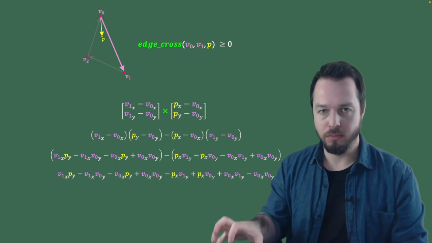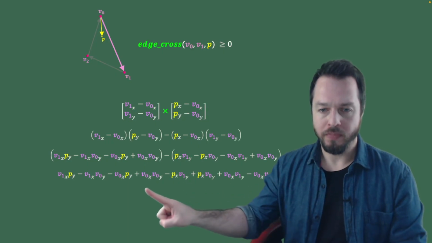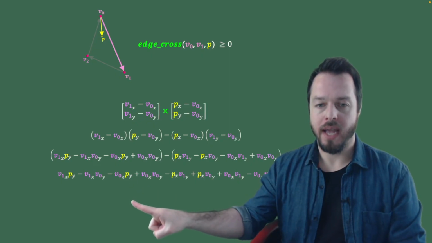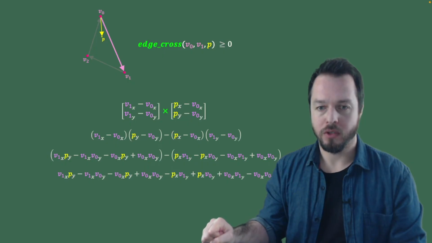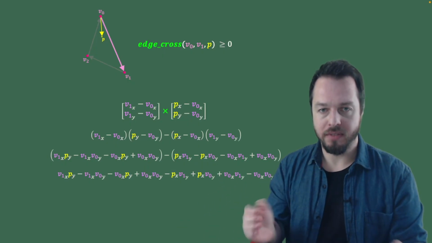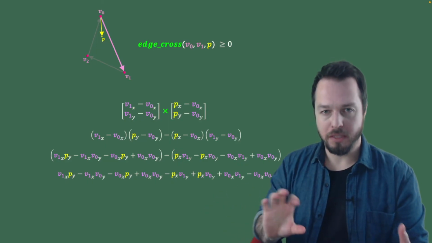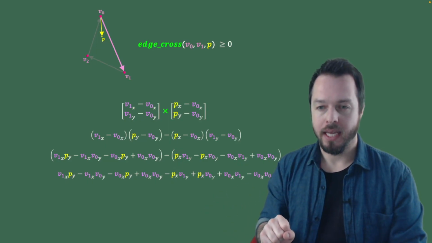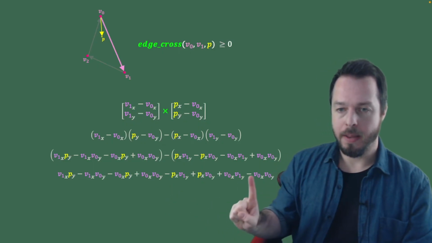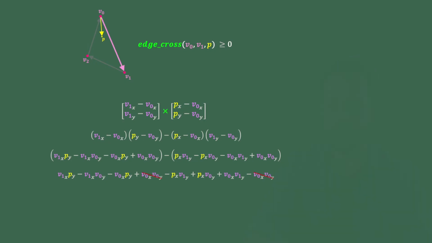But also Py: Py is multiplying this value, but it is also multiplying V1x in the first term. So I can group everything. I can factor that Px and Py out and have everything in terms of this Px and Py multiplication. And also, do you agree that V0x V0y minus V0x V0y, this I can basically cancel out?